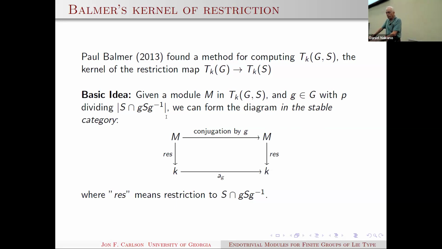So then we can form a diagram in the stable category. That is, conjugation by g takes M to itself, but the restrictions are going to be different. So you've got a restriction on K onto this subgroup, which is S intersected with this conjugate. And you can also conjugate by g and then also do this restriction.